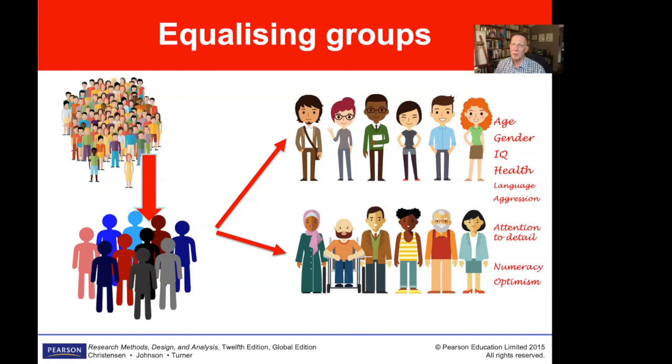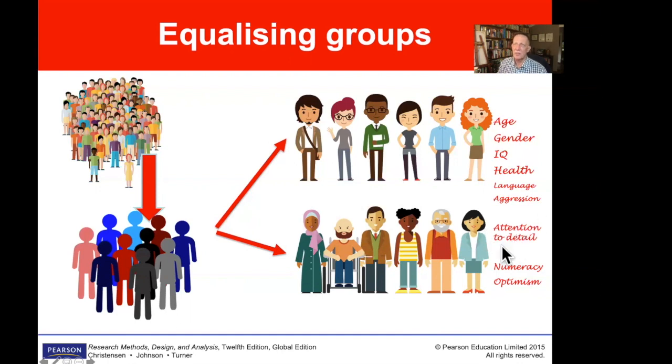If you do an experiment where aggression is a confounding variable, you need to equalize the two groups. Why? Because if we've got more aggressive people over here, it influences the dependent variable that we want to control. Things like attention to detail.